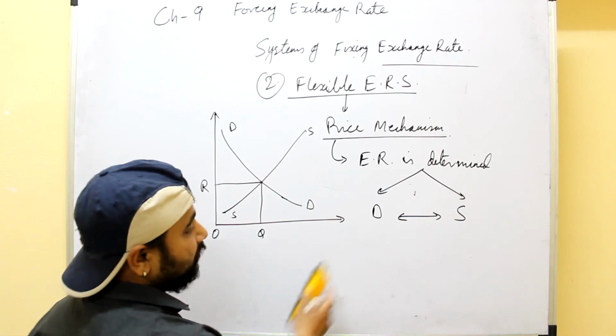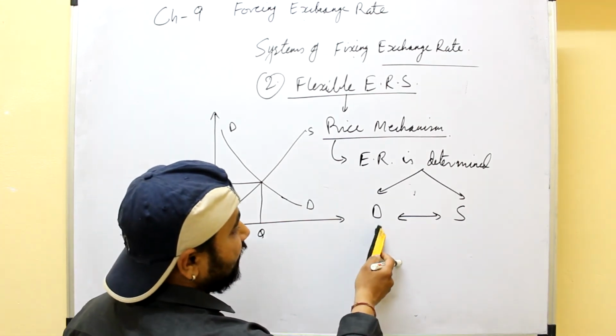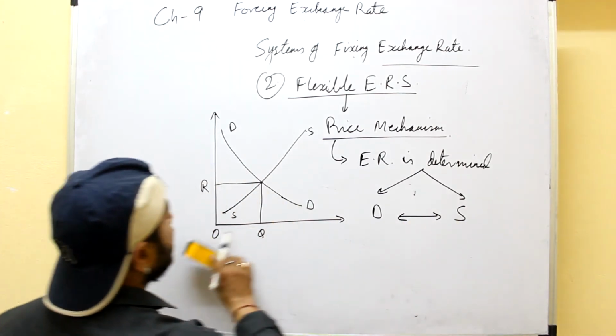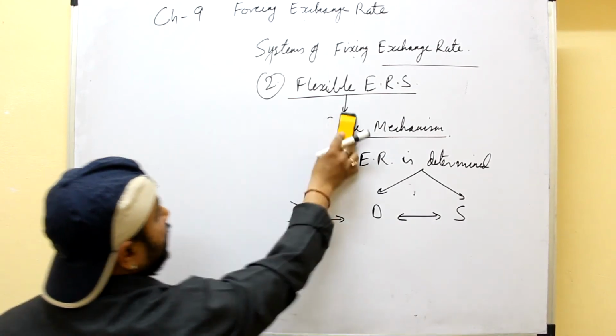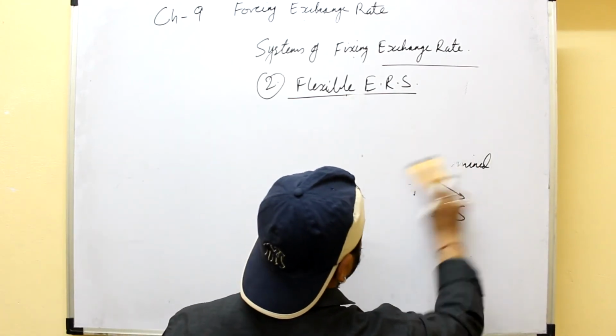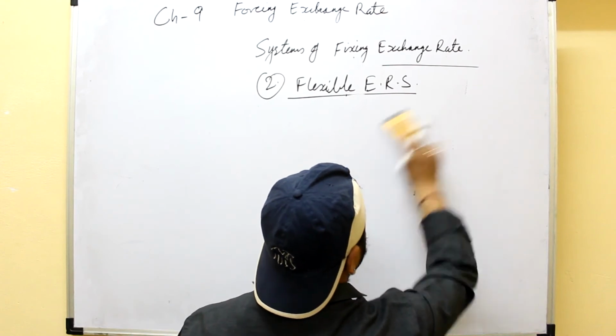Just see that here two important components are existing, that is demand and supply of the foreign currencies. So now we will just have a look at the sources of demand for the foreign currency.